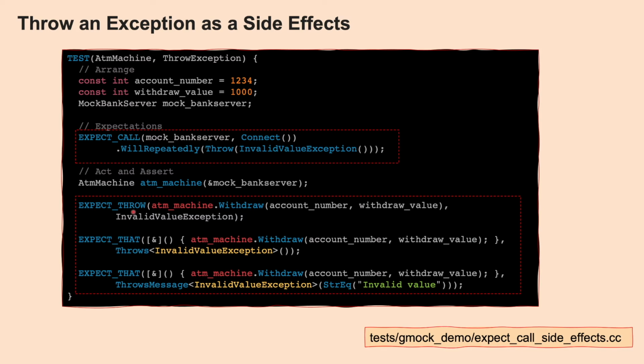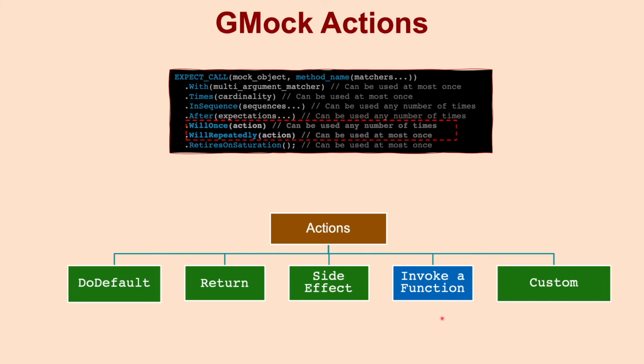So here using expect throw, I'm checking if withdraw function will throw an exception of this type. So this check should pass. And here using expect that, I'm saying exactly the same thing, but inside a lambda function. And here again, I'm doing the same thing. However, I'm also checking that the message for that exception is equal to invalid value. Again, you can check this test and run it yourself from this path down here. Up next, invoking a function.